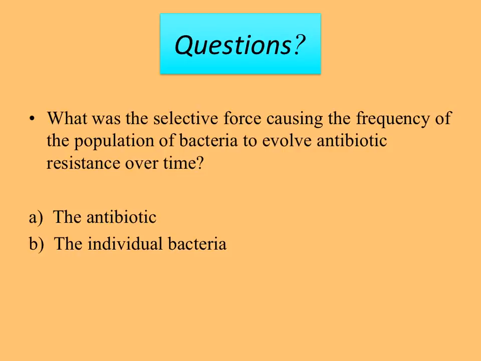In other words, the person started, let's say, eating antibiotics. Antibiotics were around in their bloodstream, killed all the bacteria. So that's a selective force. It's like a bird coming along and picking moths that are dark colored on a light colored background.